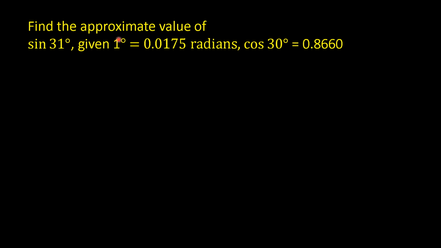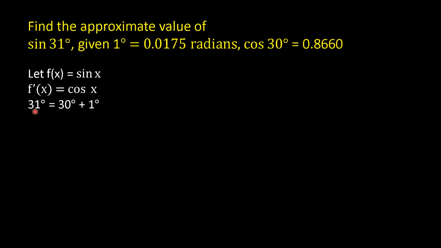Find the approximate value of sine 31 degrees. Given 1 degree equals 0.0175 radians and cos 30 degrees equals 0.8660. Since we have to find out sine 31 degrees, we will start by assuming f(x) equals sin x. f dash x will be cos x.